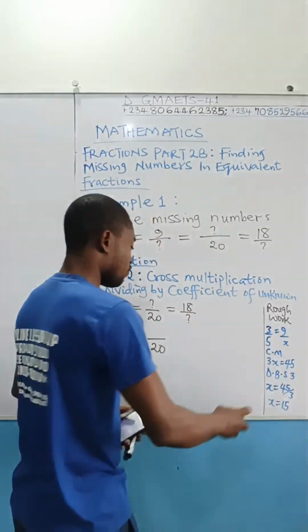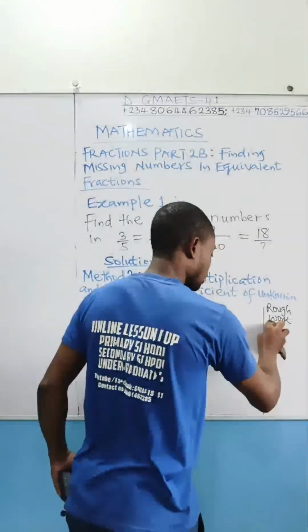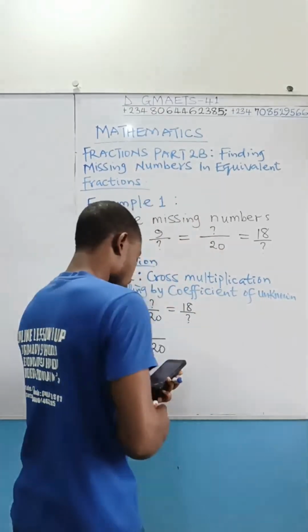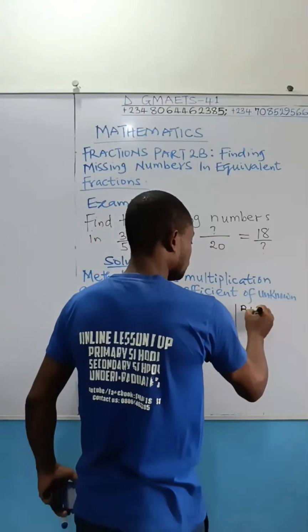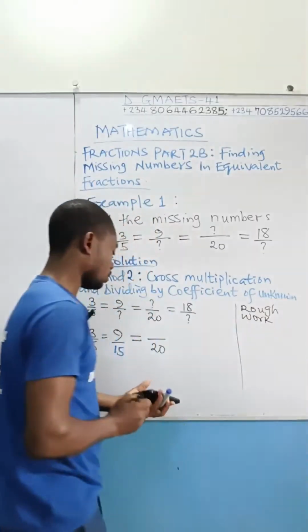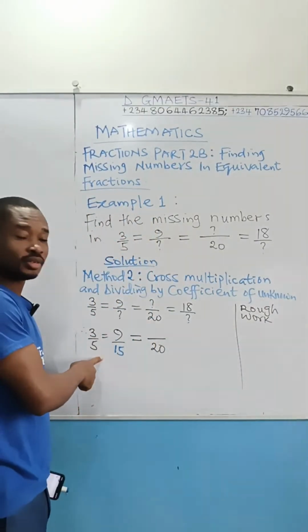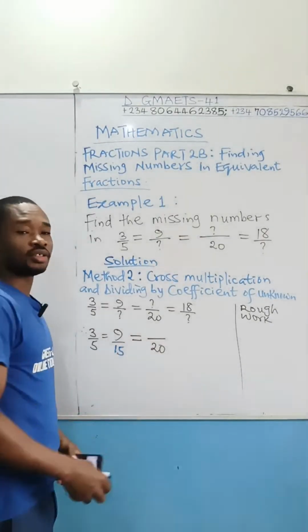So let me do the rough work here. I think I need more space. Rough work. Good. So we move. I am going to use 3 over 5 together with this missing number, unknown, over 20.